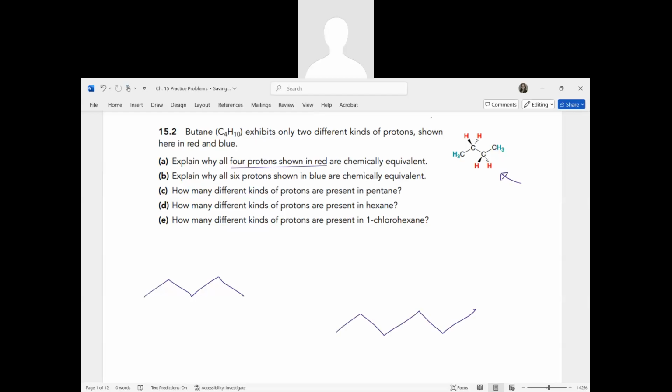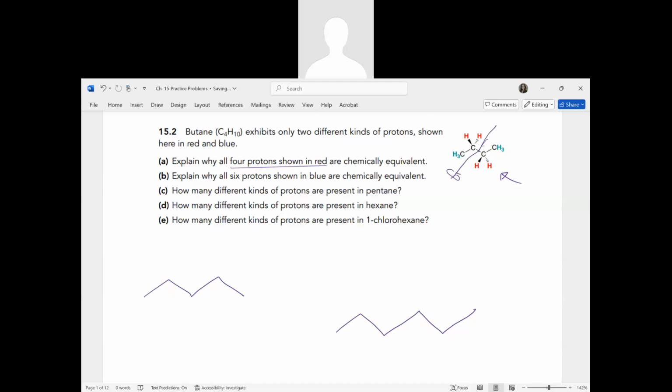We could state that these four protons could be interchanged either through rotation or through reflection. So if we drew an axis of rotational symmetry here, we can also find a plane of symmetry within this compound. So for either of those reasons, rotation or reflection, all four of these are chemically equivalent.